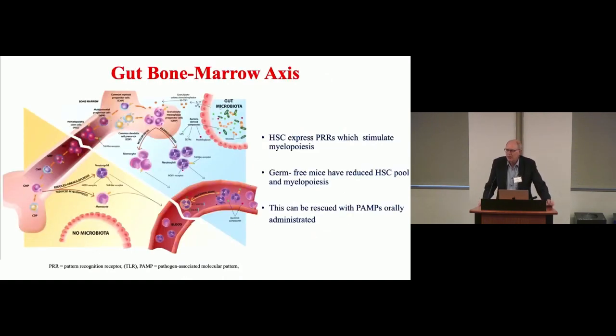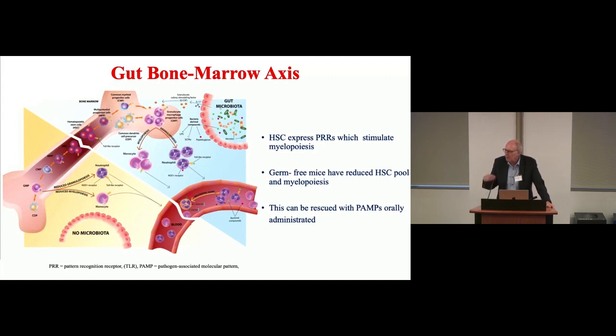Now I will address something that is very important, and just remember the headline and not all the other things. The gut-bone marrow axis, and it tells us that the hematopoietic stem cells, the mother cells, express certain pattern recognition receptors which stimulate production of blood cells.